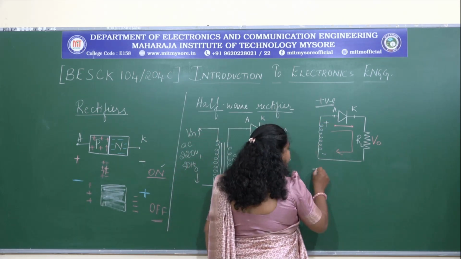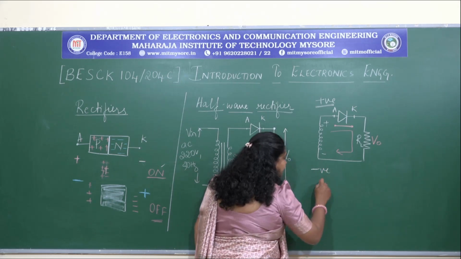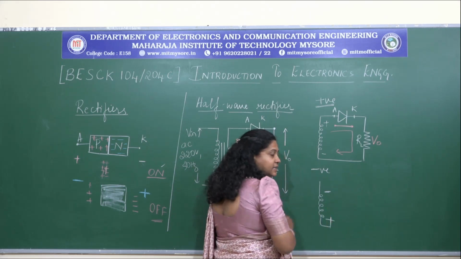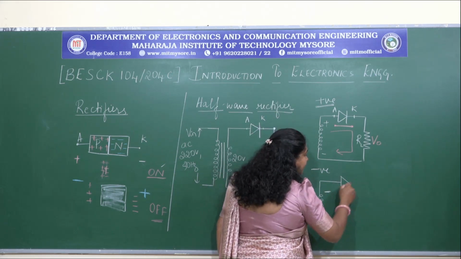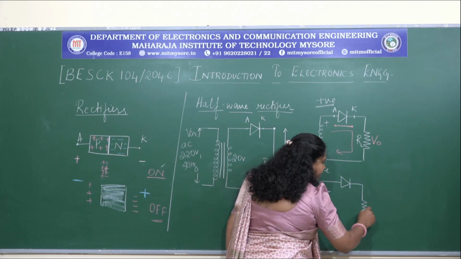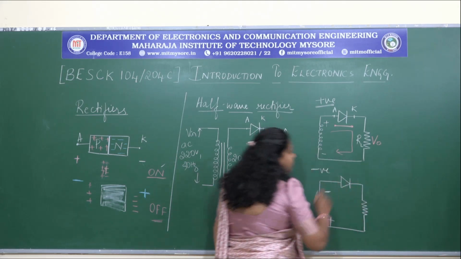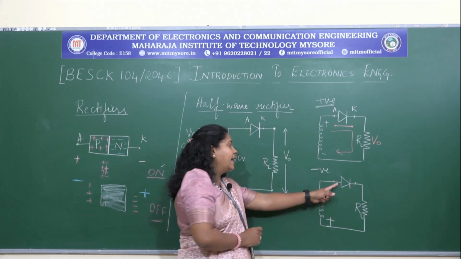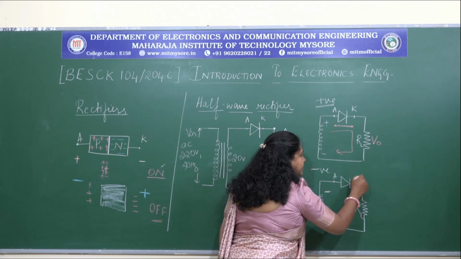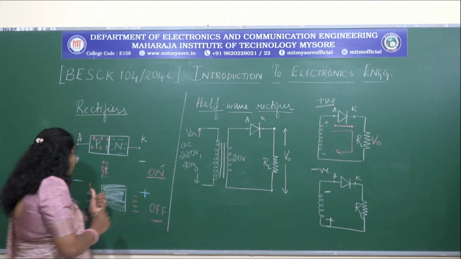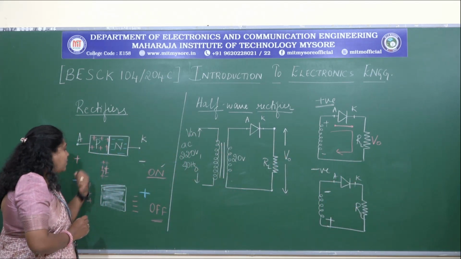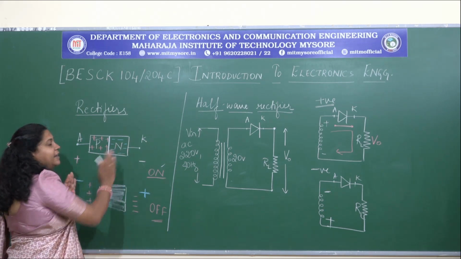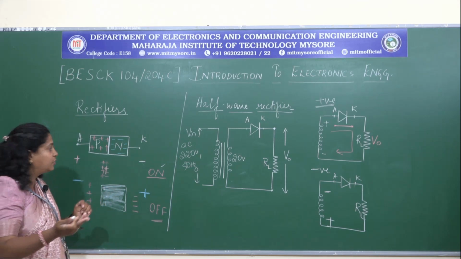Similarly, in the negative half cycle, what happens? Let us analyze that. In the negative half cycle, let us say this end is negative and this is positive. Here we have a diode and we have connected a load resistance RL. Let us say this is the anode and this is the cathode. When the anode is connected to the negative terminal, there is a wide barrier gap between the P and N regions, so there is no current flowing through it.